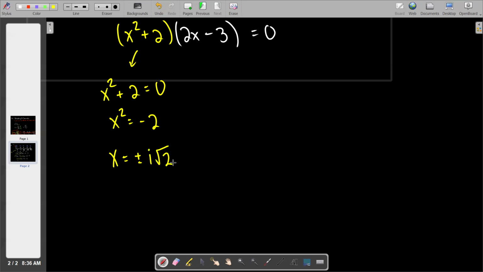We always put our i's before our roots. Then you say, well, there's supposed to be 4 answers. We're about to pluck them all out and bring them all down. From this one, we get another root, or 0, whatever you want to call it, which equals 3/2.